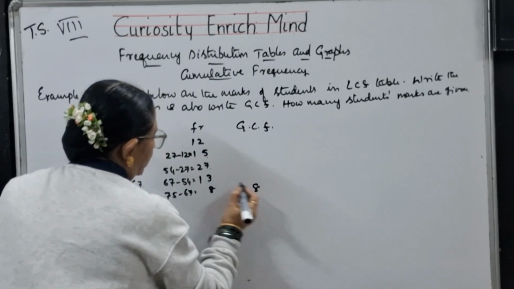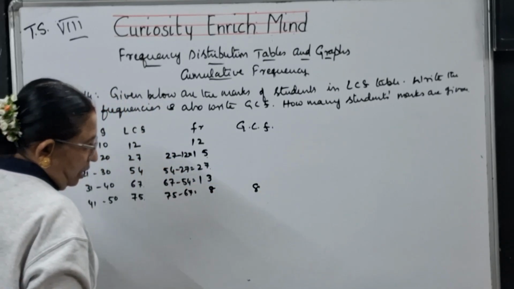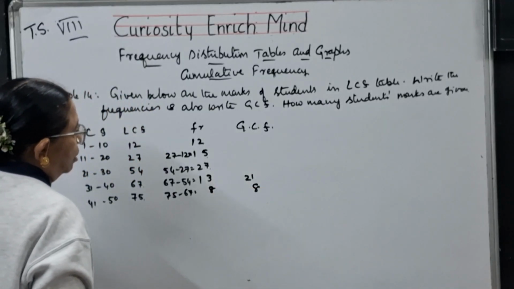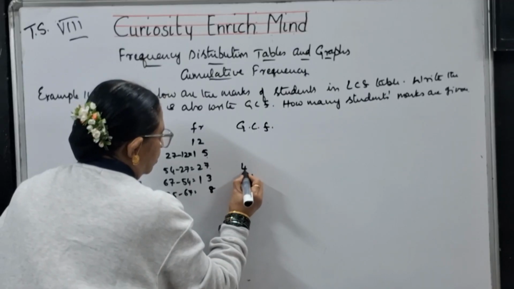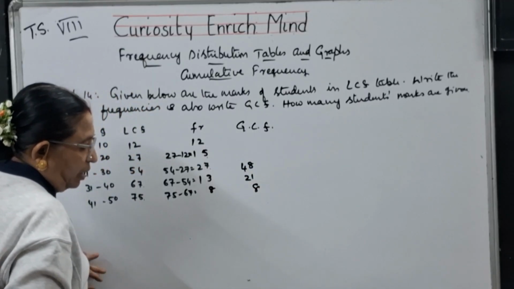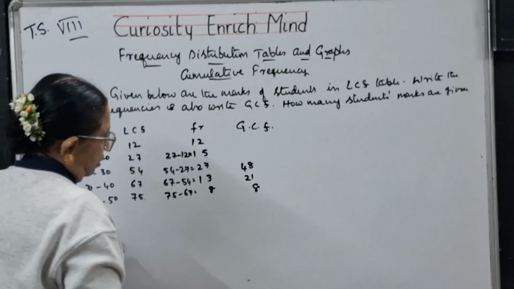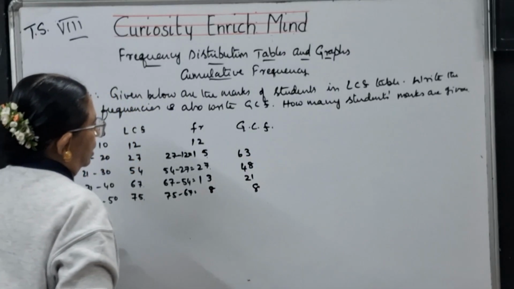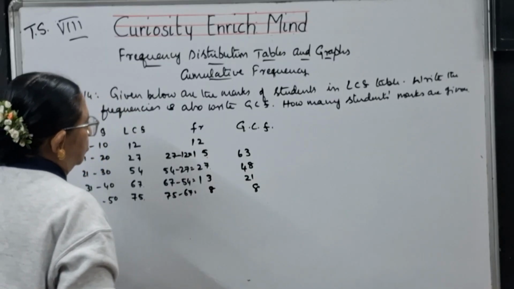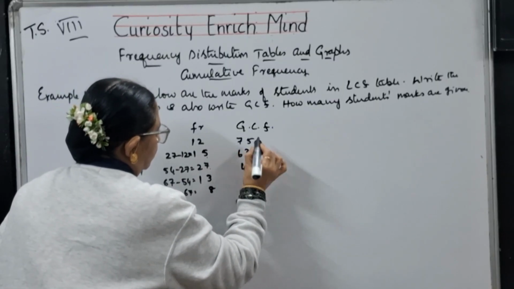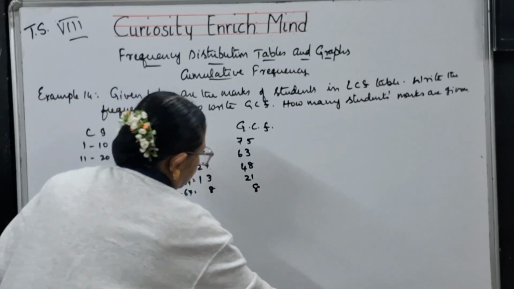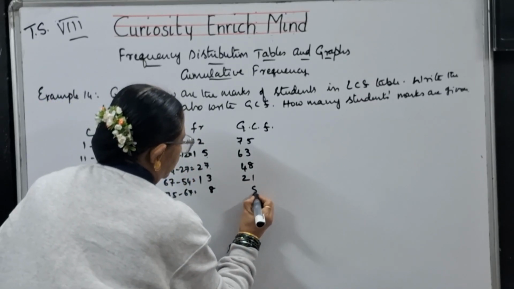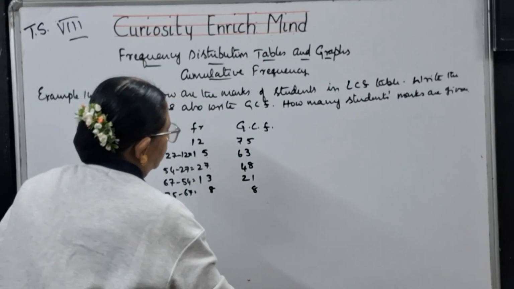So I'll write 8. 8 plus 13 is 21, and 21 plus 27 is 48. 48 plus 15 is 63. 63 plus 12 is 75. So these are the cumulative frequencies, and this is the greater than cumulative frequency.